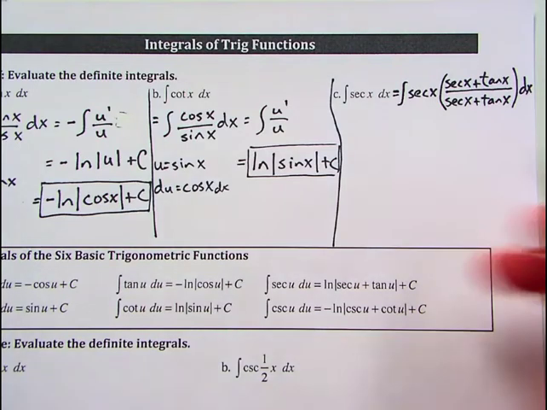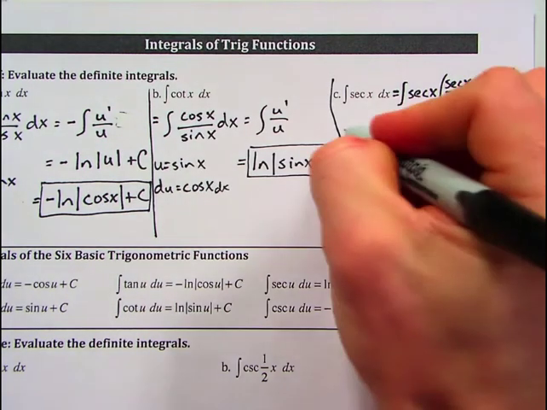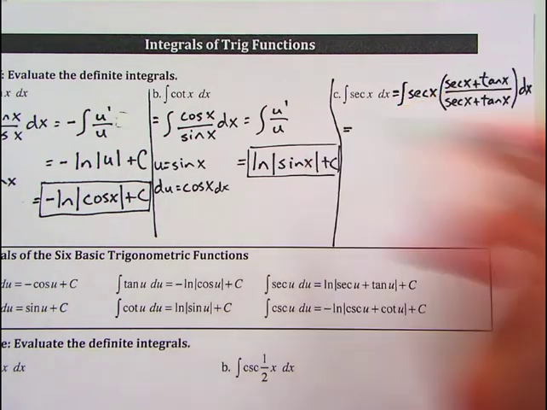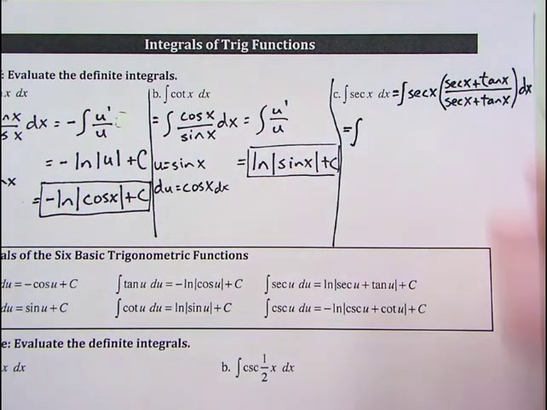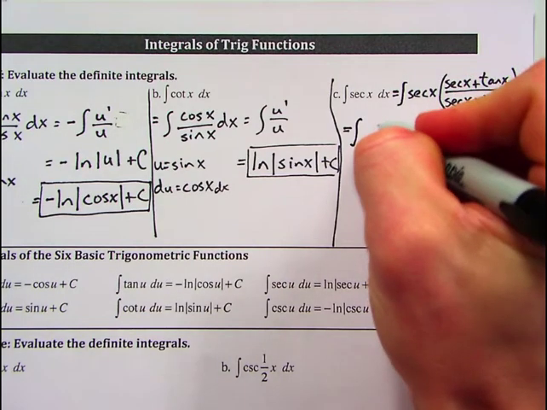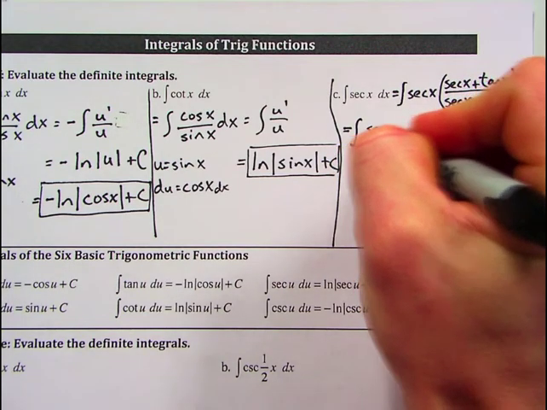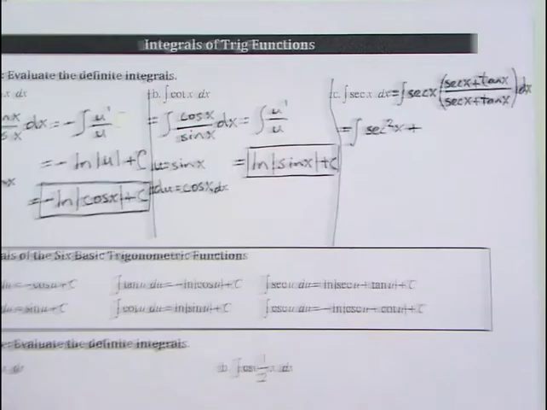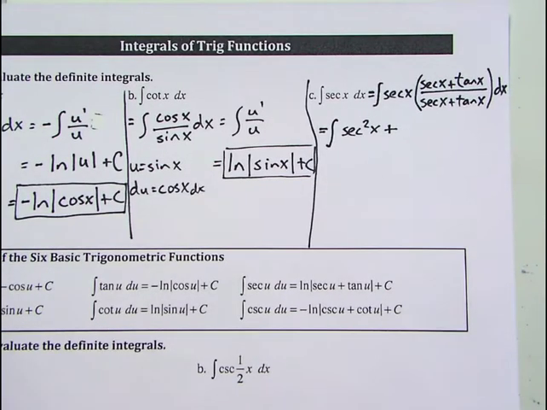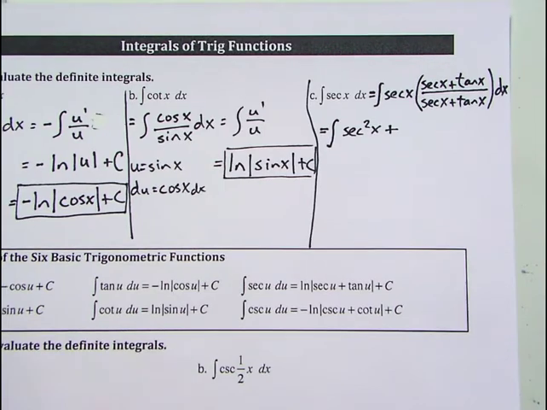So let's go ahead and distribute the secant x in. So we have the integral of secant squared x, and then the dx is just at the end. The secants and the tans cancel out in the second term.